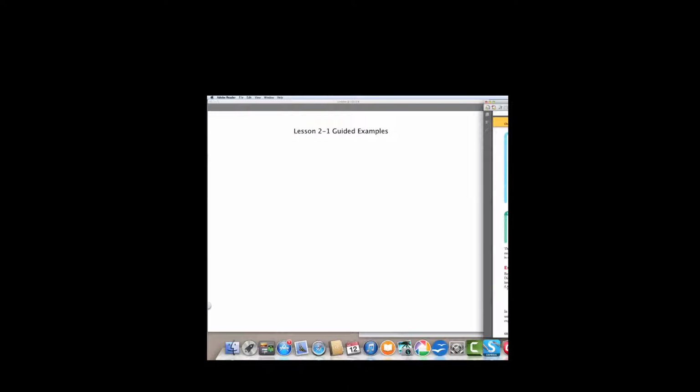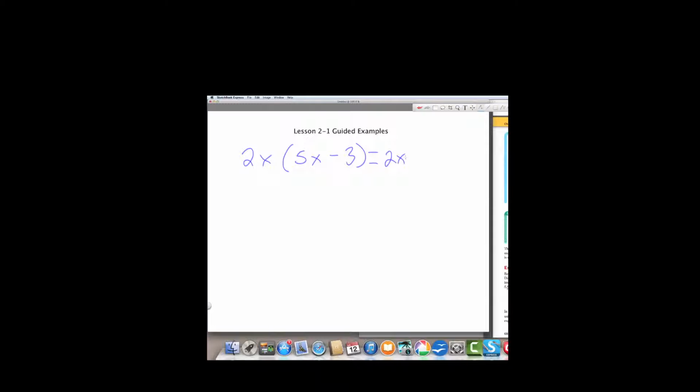So what's going to happen here? 2x times 5x minus 3. What's going to go into the first block there? We have 2x times 5x minus 3, and this equals 2x times what? Well, this gets distributed over everything in here, so the first thing it gets distributed to is 5x.